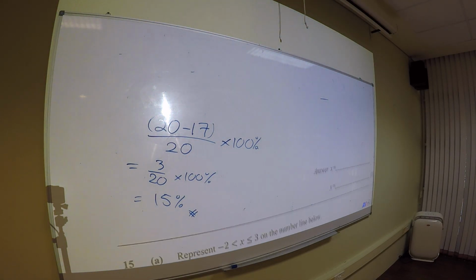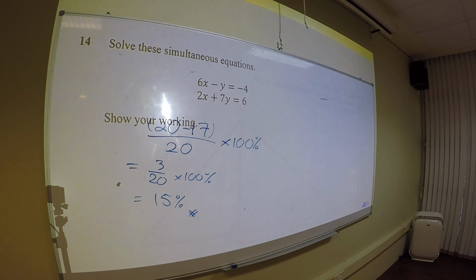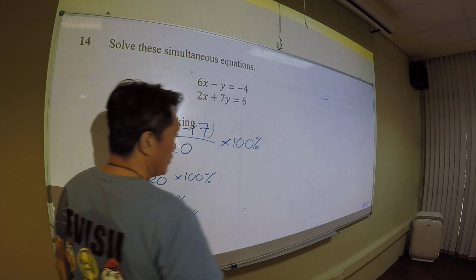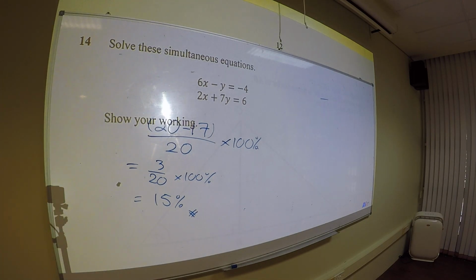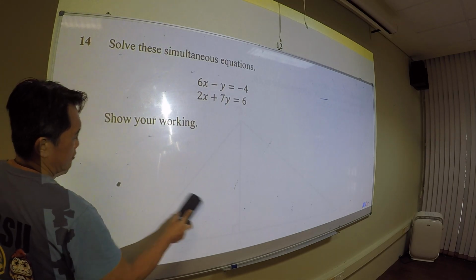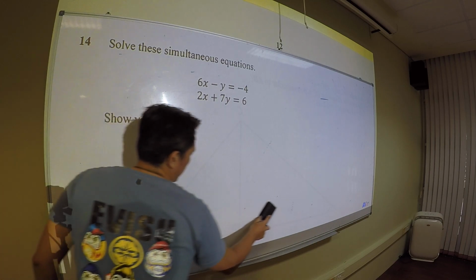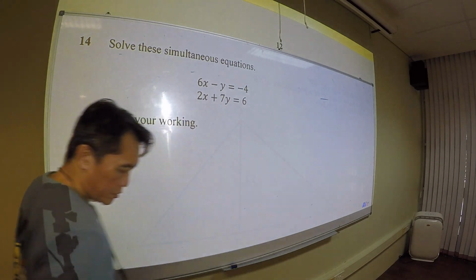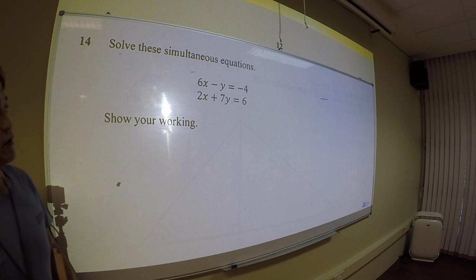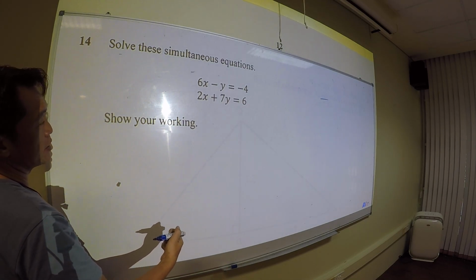Okay. Simultaneous equation. In simultaneous equations, you have more than one equation. We can solve an equation when you have only one unknown inside the equation.